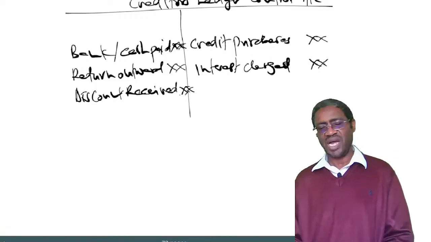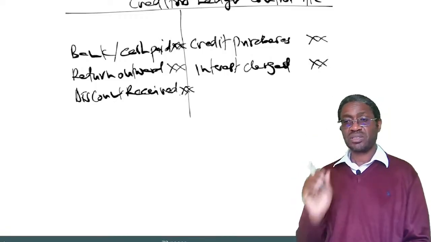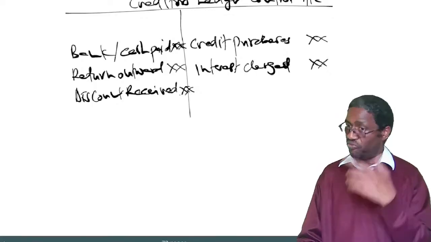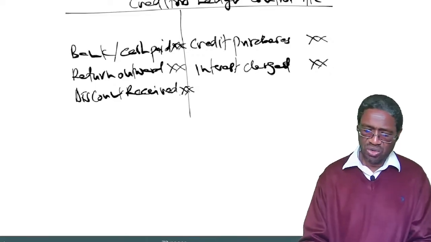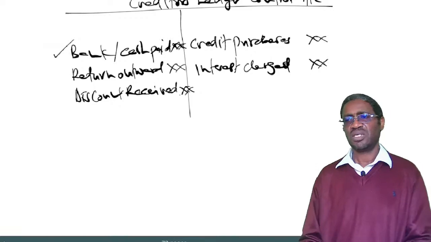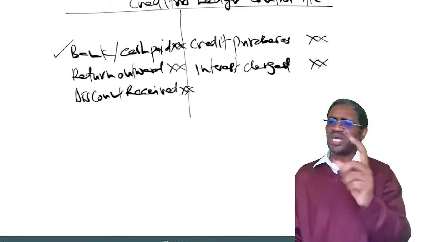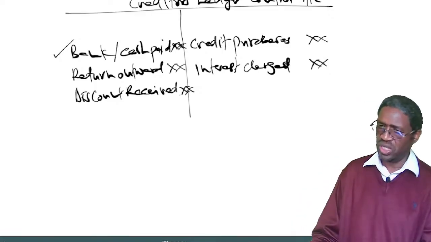Good. Now, another one. You gave Kamau a check of 4,000. The moment you gave him that check, you debited Kamau's account. That's okay. But when Kamau took the check to the bank for payment, that check was dishonored.